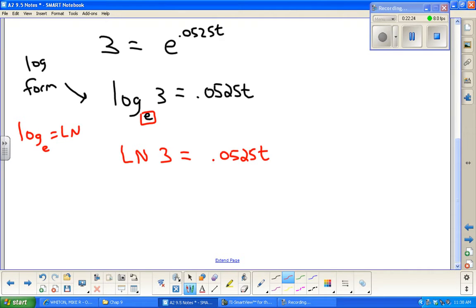This side we haven't messed with yet. And then to solve for t, I would just divide both sides by that 0.0525 and let our calculator handle this. So t equals the ln of 3 divided by 0.0525.